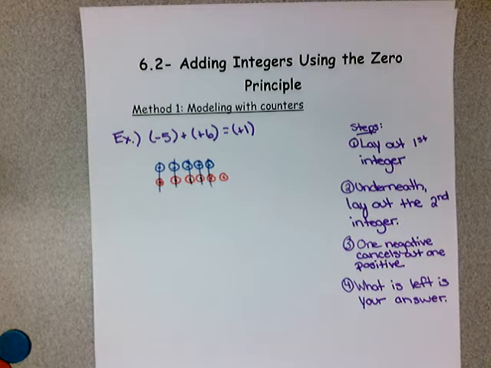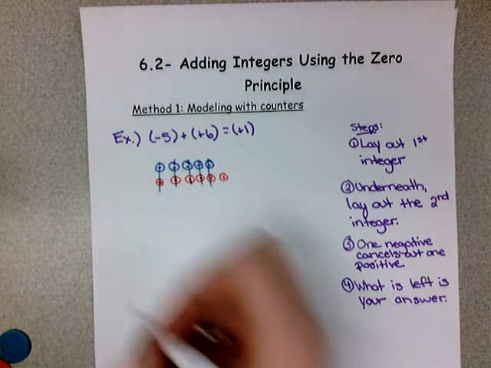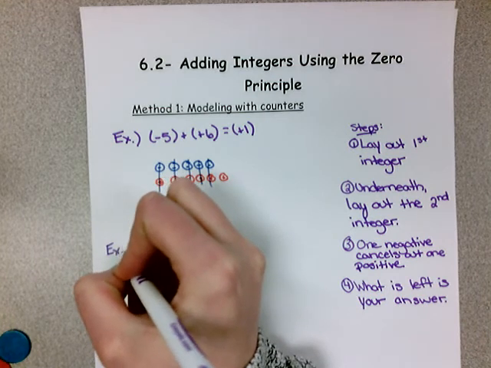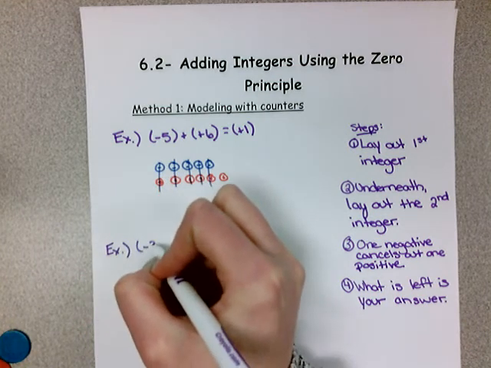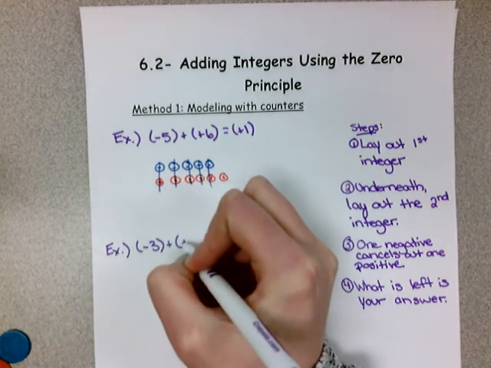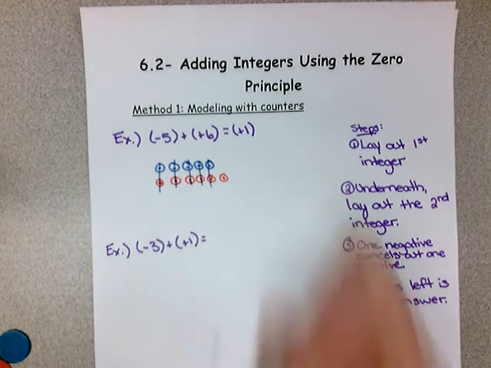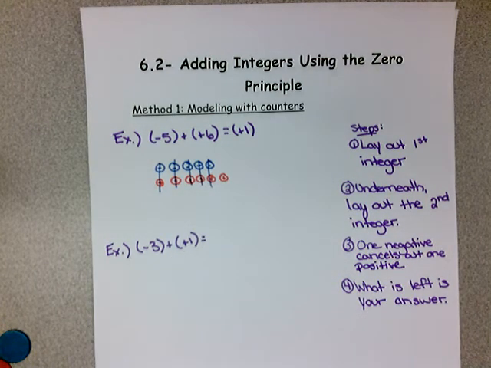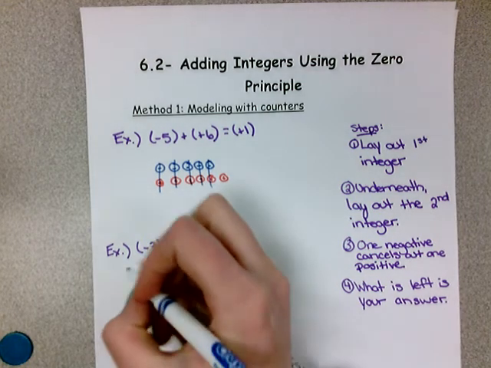This is the work that I will need to see on tests. If the counters help you, you can definitely borrow the bingo chips for your test and use them for your work today as well. Let's do a few more examples though, and we'll see how you are doing. Underneath, let's do -3 plus +1. You would start by laying out 3 negatives, and I'm just going to draw these for time's sake.